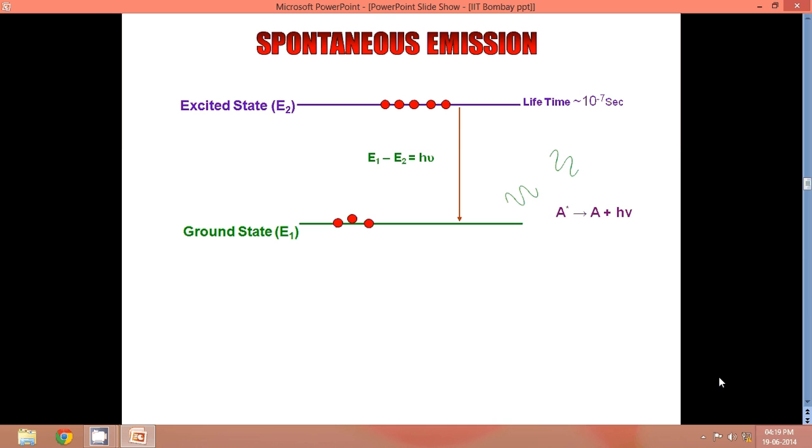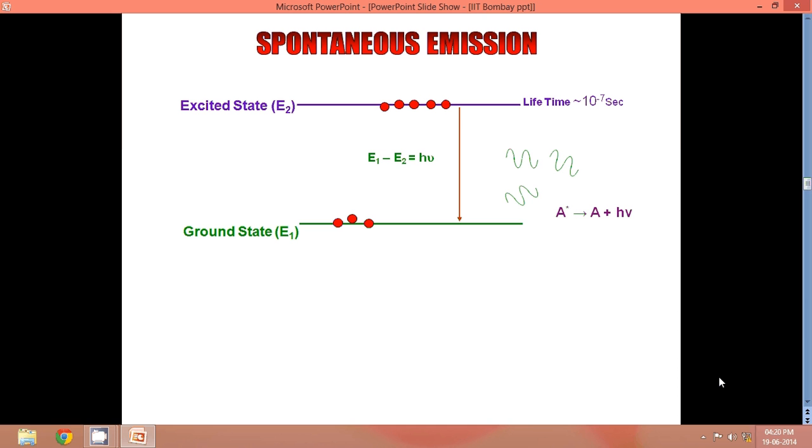After the lapse of this lifetime, the atoms in the excited state E2 spontaneously fall down to the ground state, giving out a radiation equal to h mu, which is equal to the difference between the two energy states.